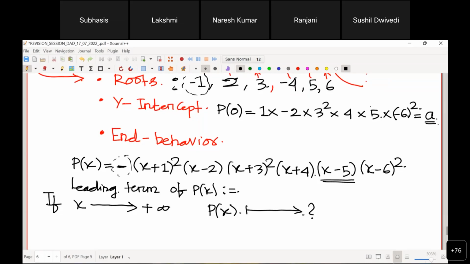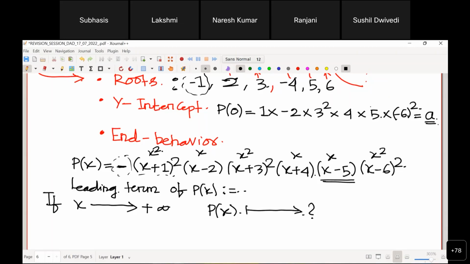From here I'll get x square. From here I will get x. From here I will get x square. From here I will get x, and from here x, and from here I'll get x square. So 2, 3, 5, 6, 7, I guess 9, right?